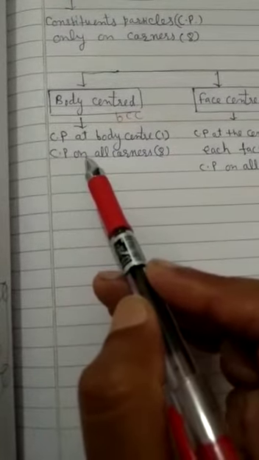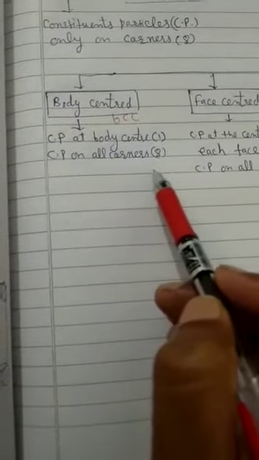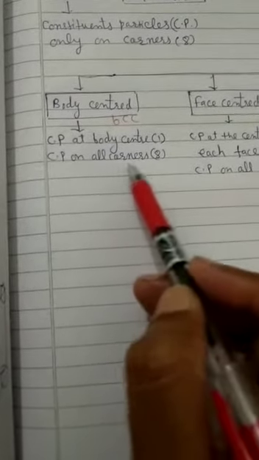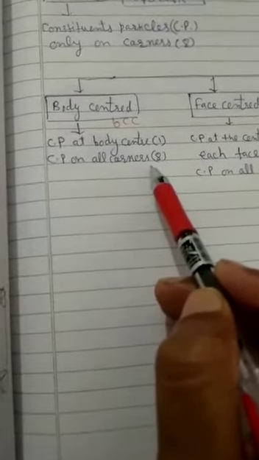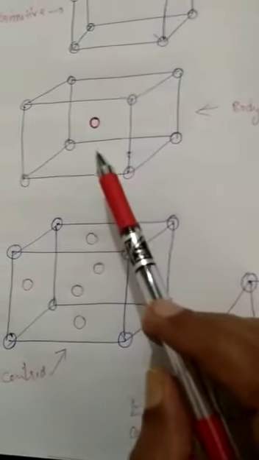In addition to this, constituent particles are also present on all the corners. There are 8 corners in a cube. So see the diagram of BCC unit cell. This is body centered unit cell.